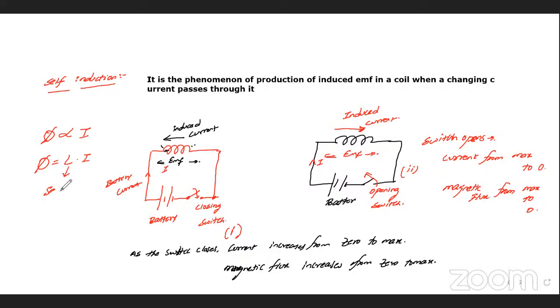We call it self inductance because the flux is directly linked. Or we can simply say inductance also. Or else I can say this one as the coefficient of self induction.